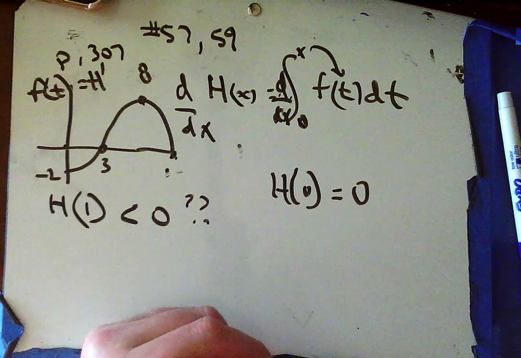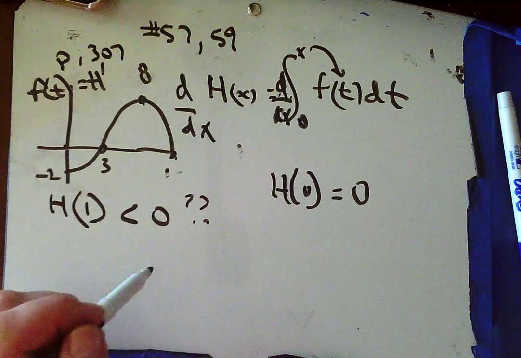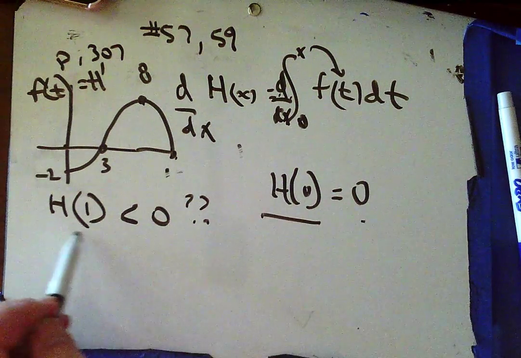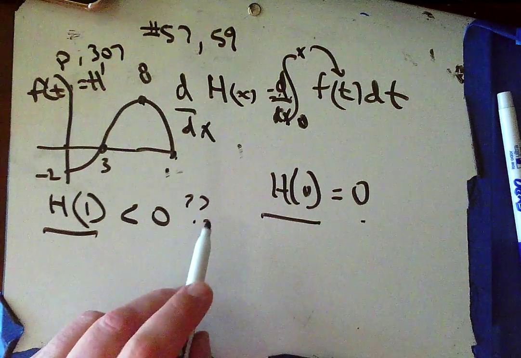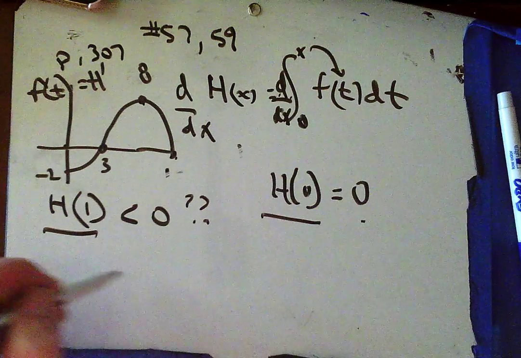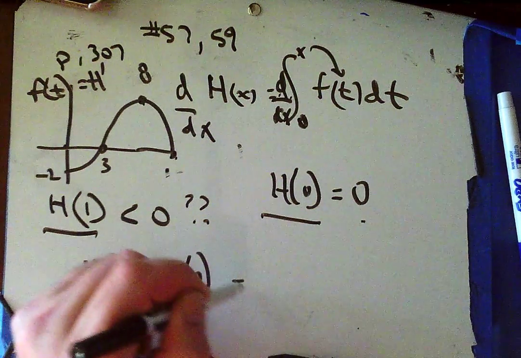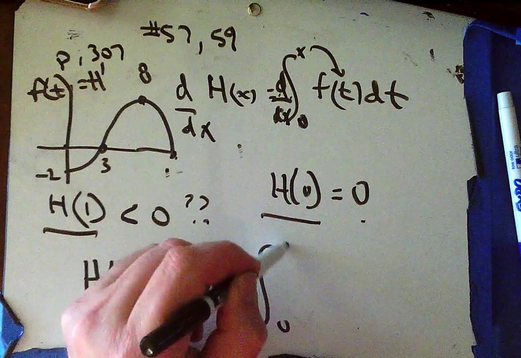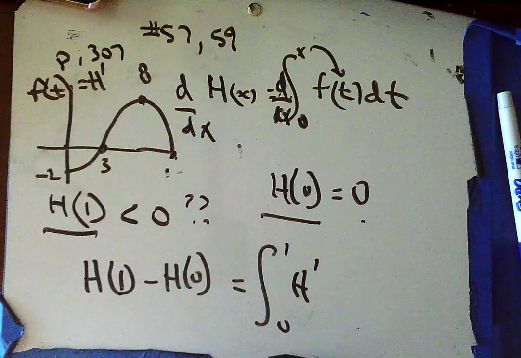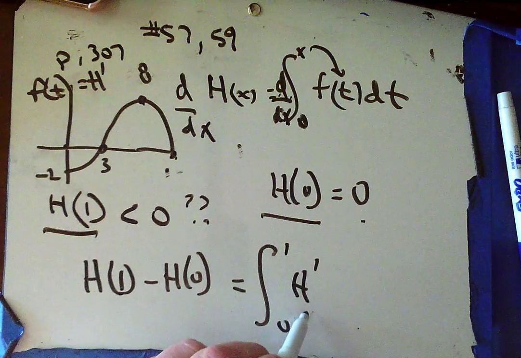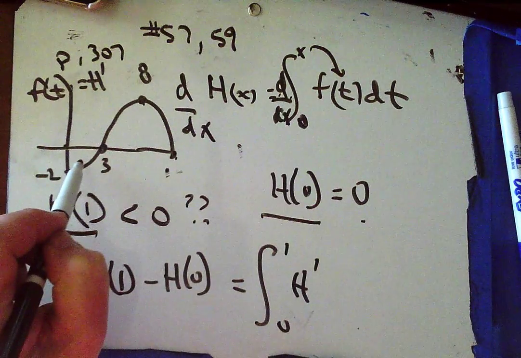And so, I kind of want to look at this. Don't we know FTC2? Couldn't we say something like, okay, h of 1 minus h of 0 equals the integral from 0 to 1 of h prime. And what's h prime? H prime is this graph.